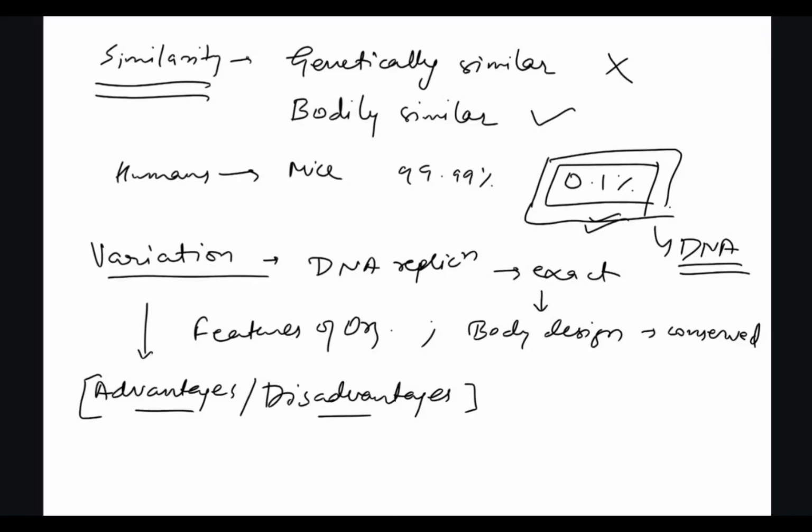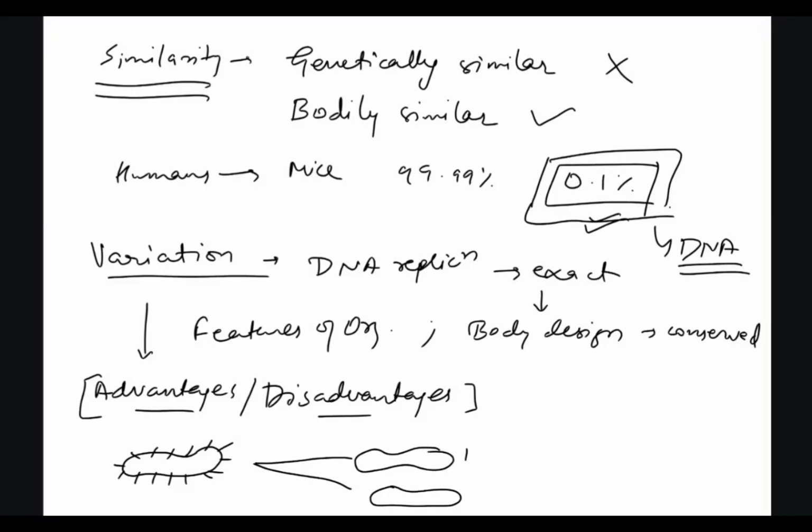Let's say there is a bacteria and it is reproducing, and it has two offspring here, offspring 1 and offspring 2. Now offspring 1 has certain proteins that may tolerate heat, and offspring 2 has certain proteins which do not tolerate heat.